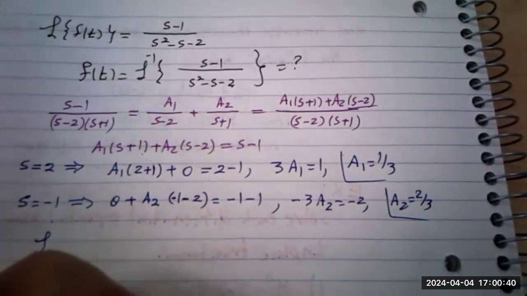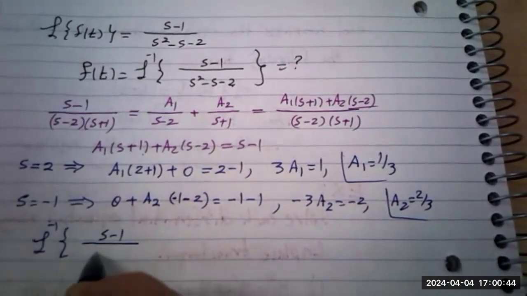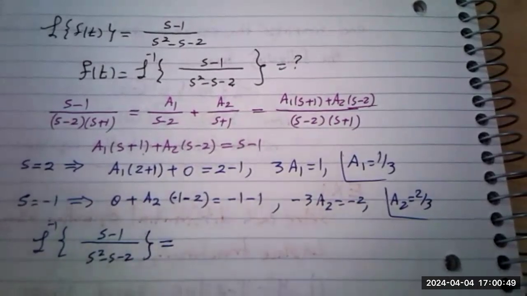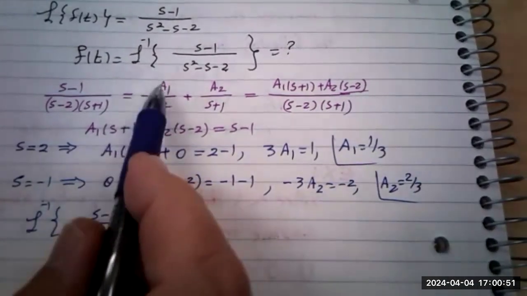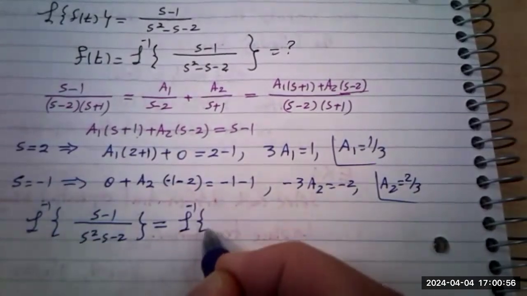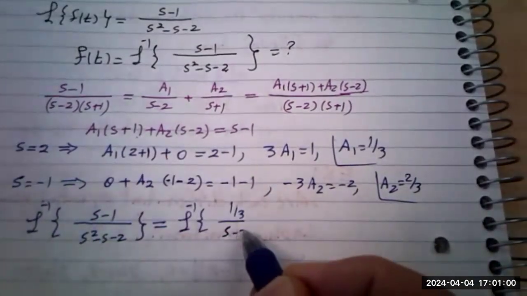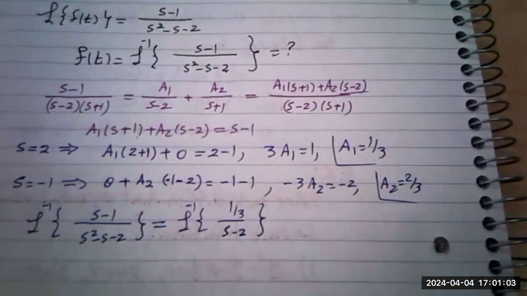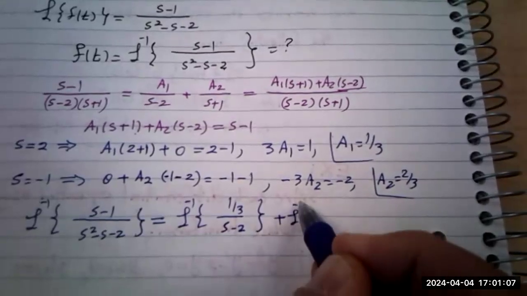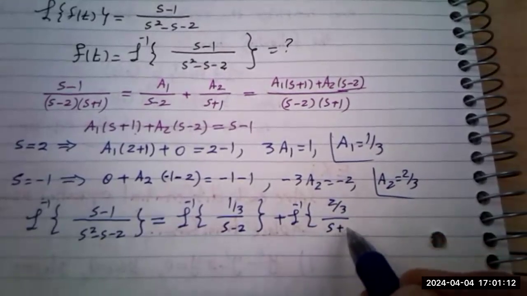So there you are, Laplace inverse of s minus 1 over s squared minus s minus 2 would be equal to, we can break it as is, a1 is 1/3, so it's going to be Laplace inverse of 1/3 over s minus 2. Okay, that's it. Then 2/3 for the second one, plus the Laplace inverse of 2/3 over s plus 1.